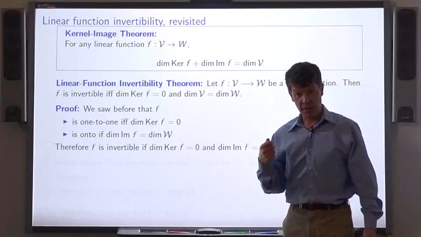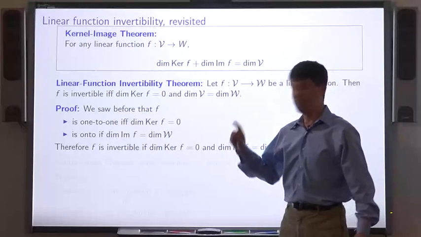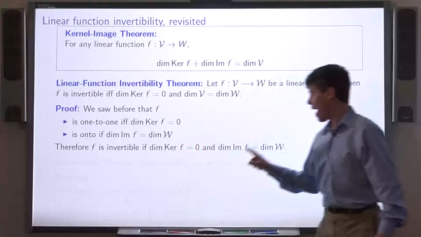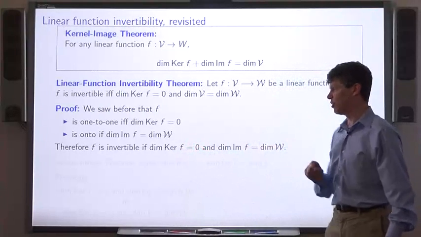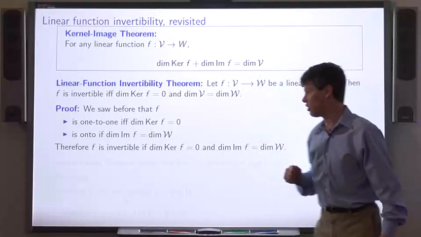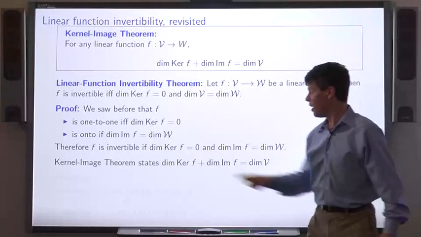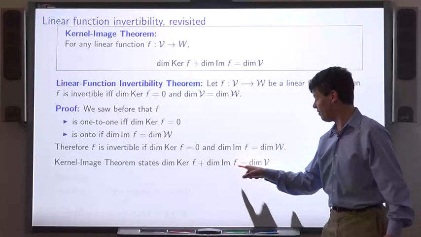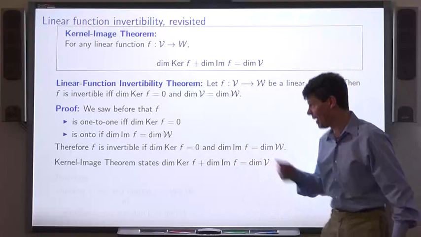So a function f is invertible if both conditions hold. That is, if the dimension of the kernel is 0 and the dimension of the image equals the dimension of the codomain. But now we have an additional tool, the kernel image theorem, which tells us that the dimension of the kernel of f plus the dimension of the image of f equals the dimension of the domain.